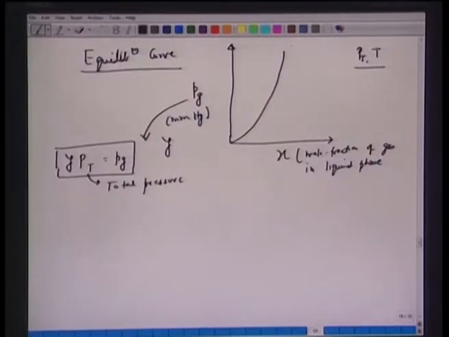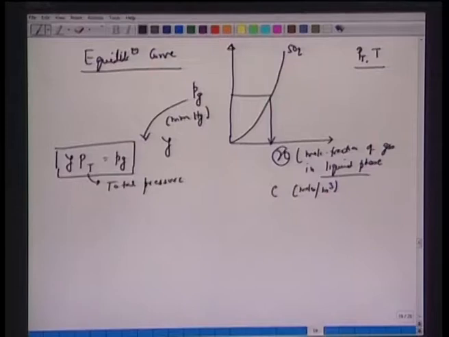Let us say we have a curve for sulfur dioxide. All it means is, given so much partial pressure of sulfur dioxide in air, how much will be the mole fraction x in the liquid phase. One can also, instead of x, write in terms of C, moles per cubic meter of the liquid phase.